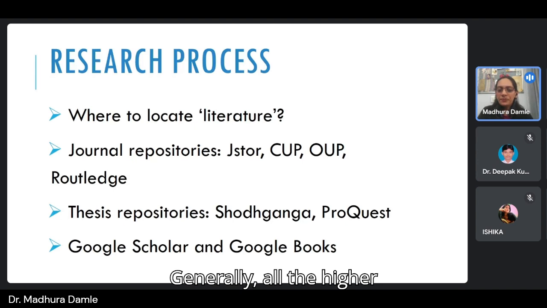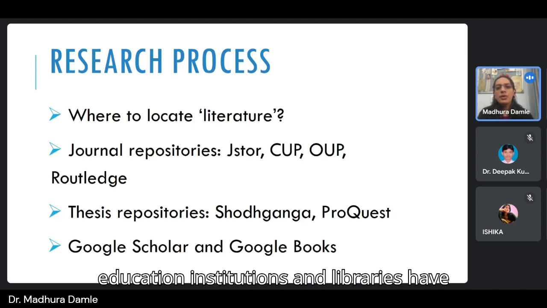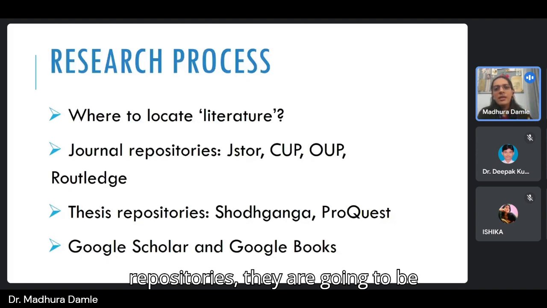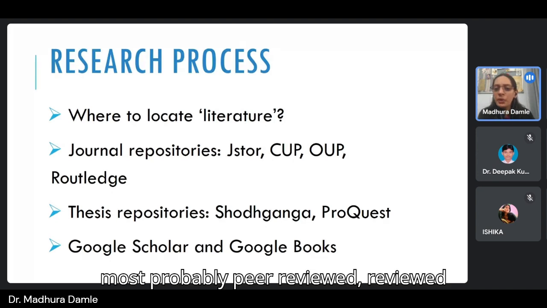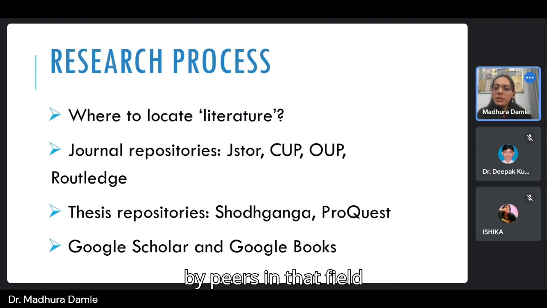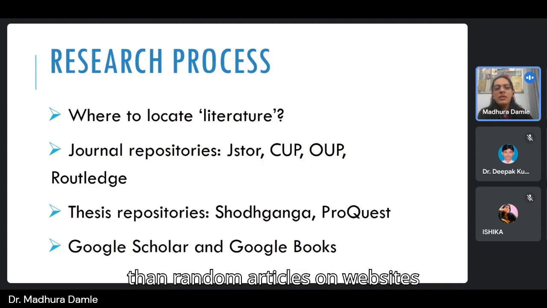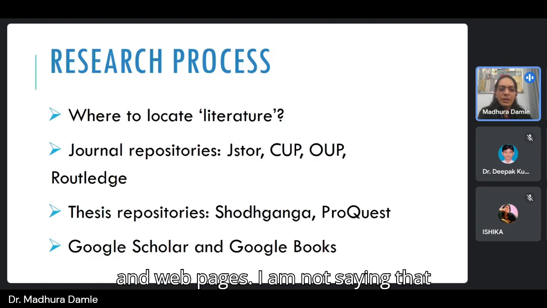Generally, all the higher education institutions and libraries have subscriptions to these websites. So if you find an article on any of these journal repositories, it is most probably peer reviewed, reviewed by peers in that field, and that's why much more reliable than random articles on websites and web pages.